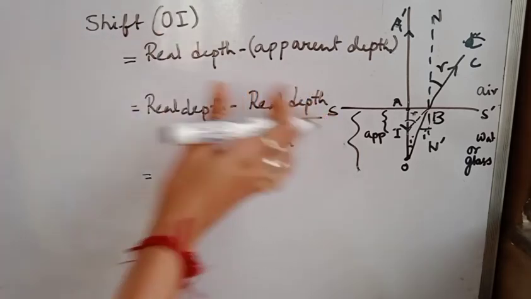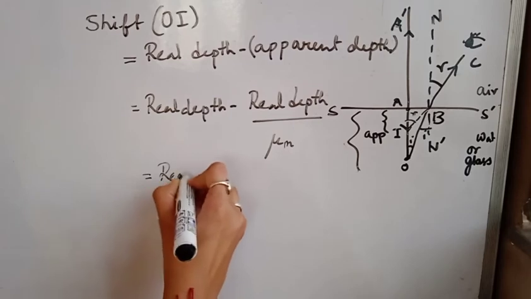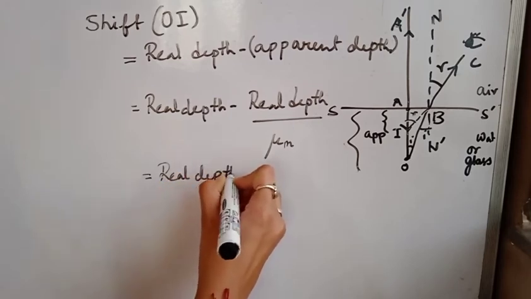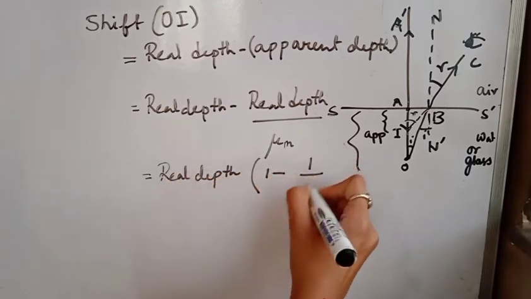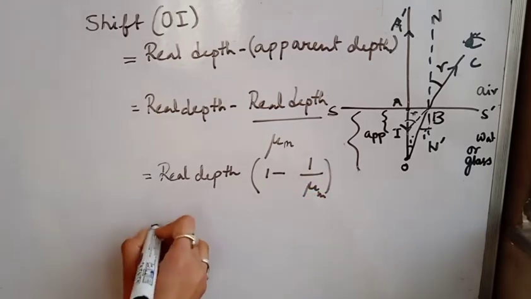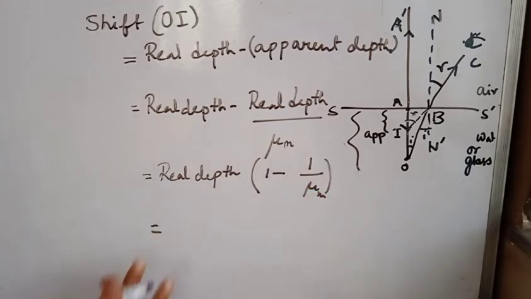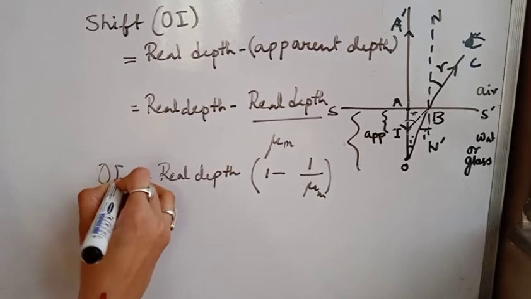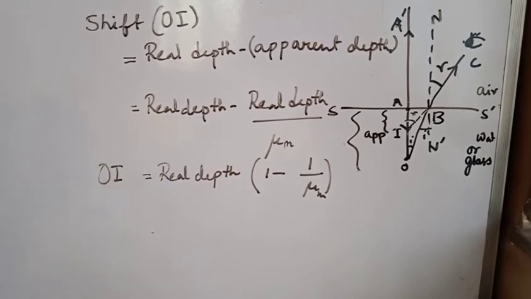So we are taking the real depth common, that will be 1 minus 1 by mu m, right? So this is the shift or OI, that is the displacement of these 2 points, using this formula.